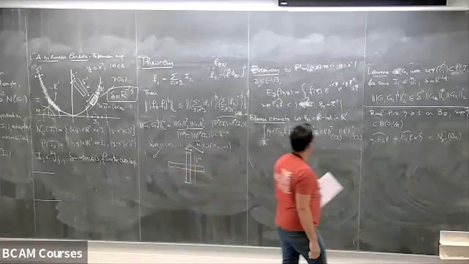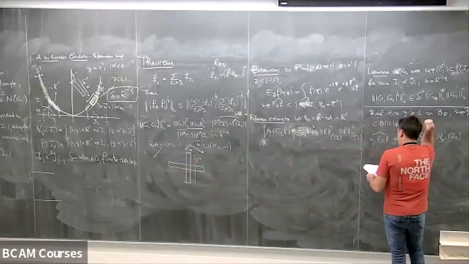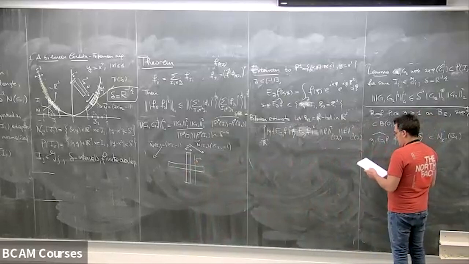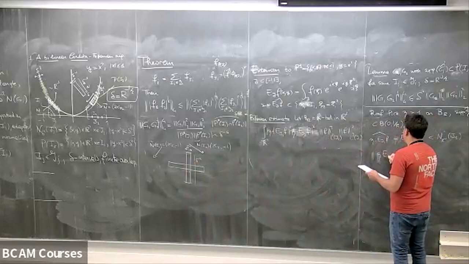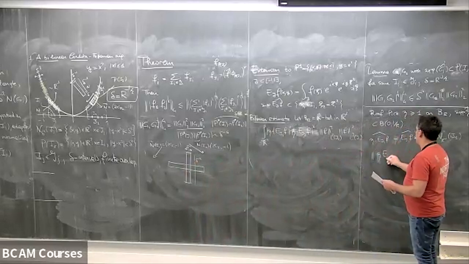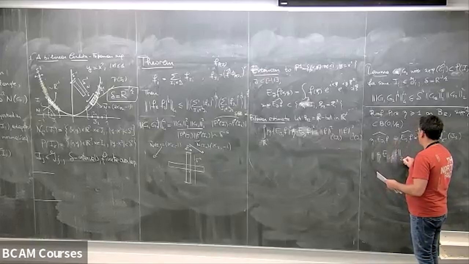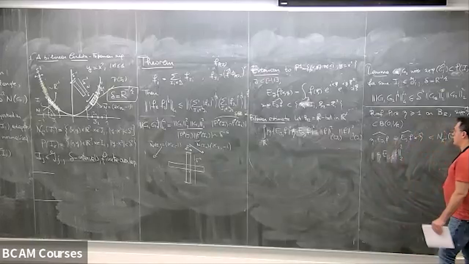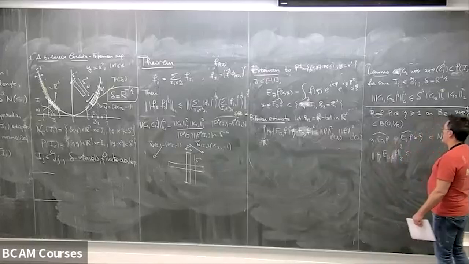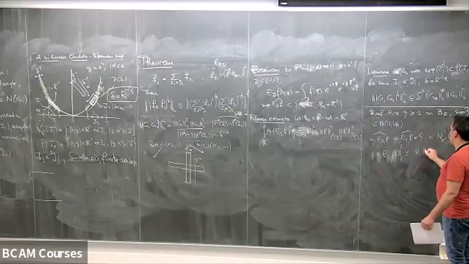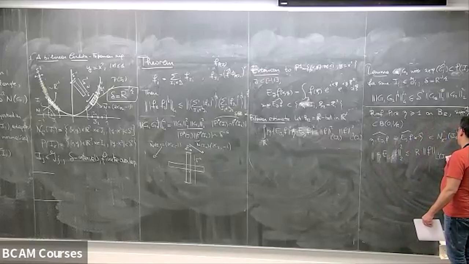There is something we're going to use later, and I think it's useful to single it out now. What do you think is the L2 norm of this product, eta times E J1 f, say F? Well, if you think about it, this is R times the L2 norm of F on J1.